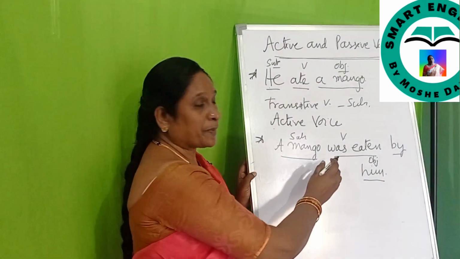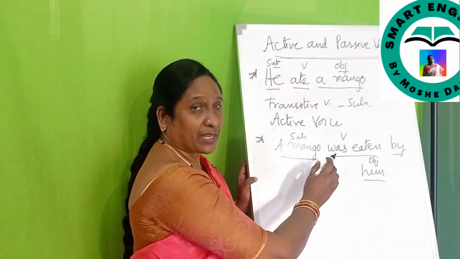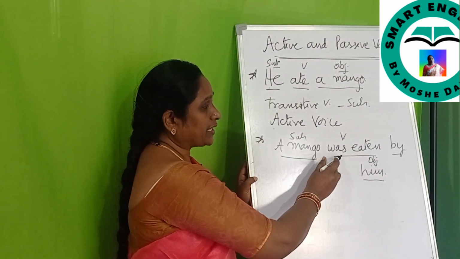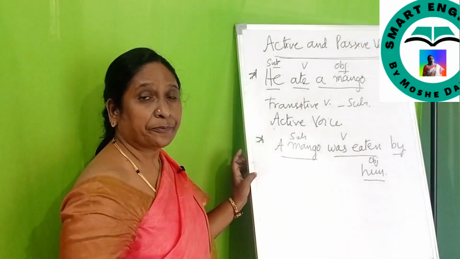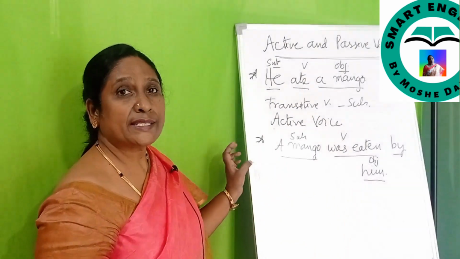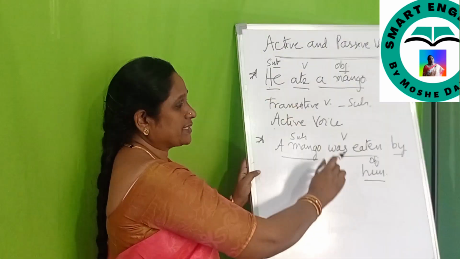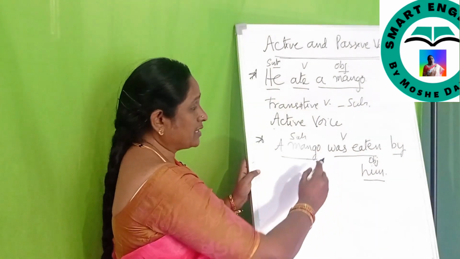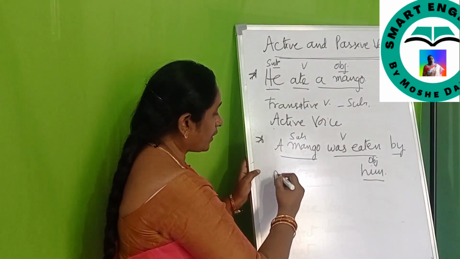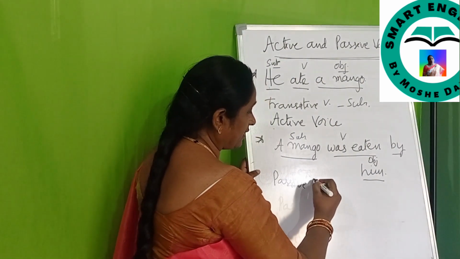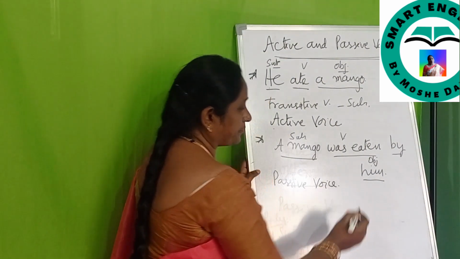Here in this sentence, when we observe, the verb is telling what is done to the subject. So we call this sentence passive voice.